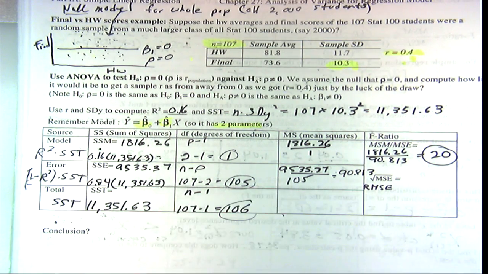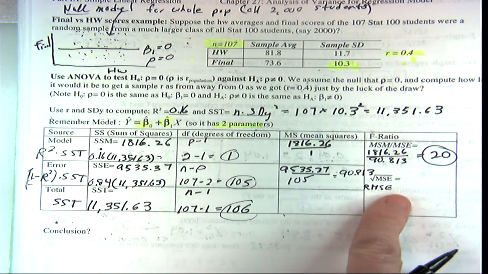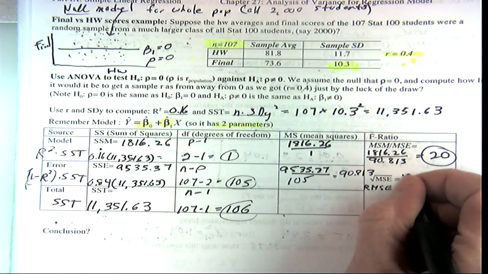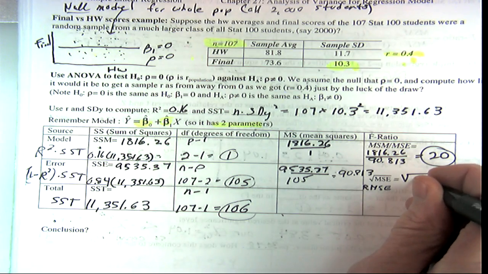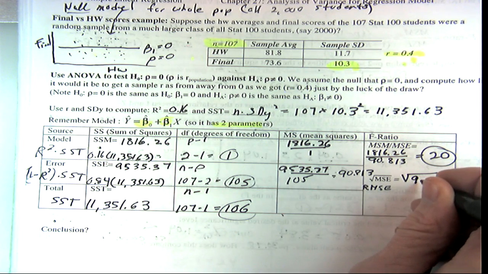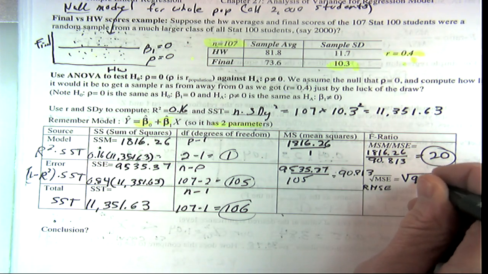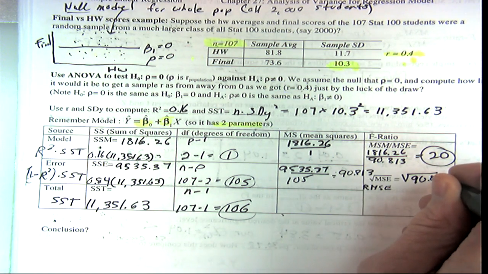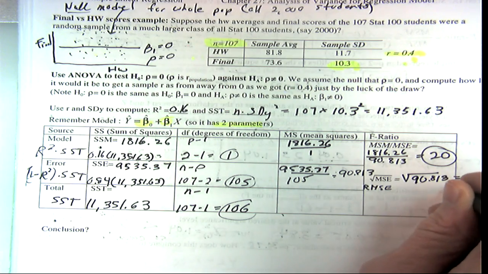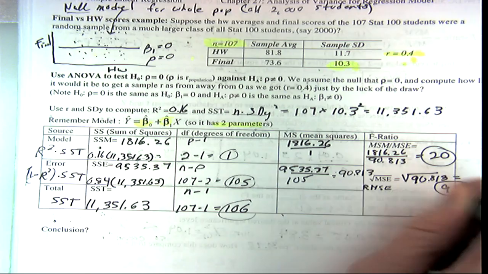Anyways, so this right here is the square root of 90.813, which is equal to 9.53.